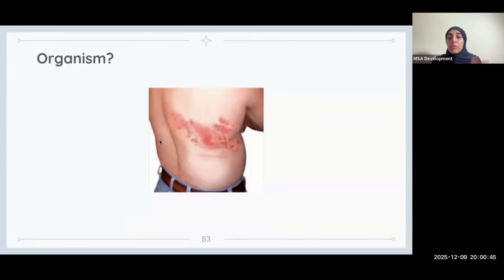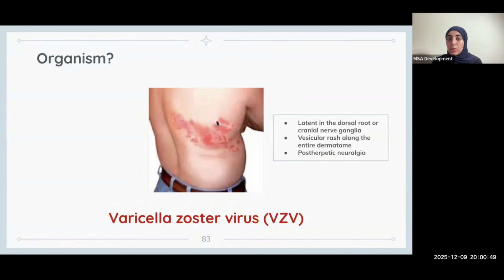And when this child grows up, okay, they could get this if they become immunocompromised or become stressed at some point, okay? So this shingles is a vesicular rash in a dermatomal distribution. It's very classic for shingles, which is the secondary infection, secondary presentation of varicella. This, look how it's very like a belt, okay? It's a vesicular rash in a dermatomal distribution. This is shingles.